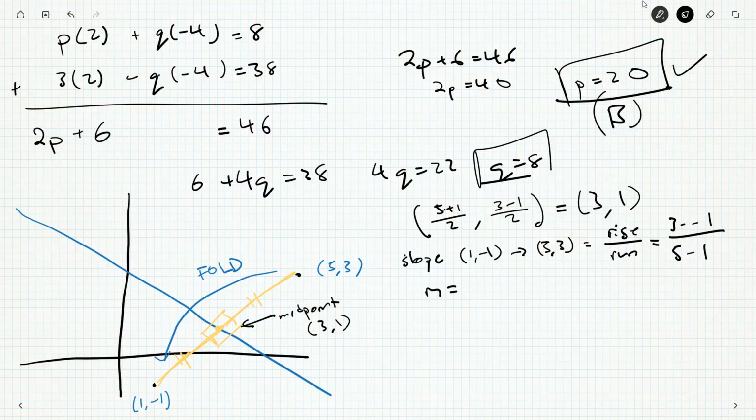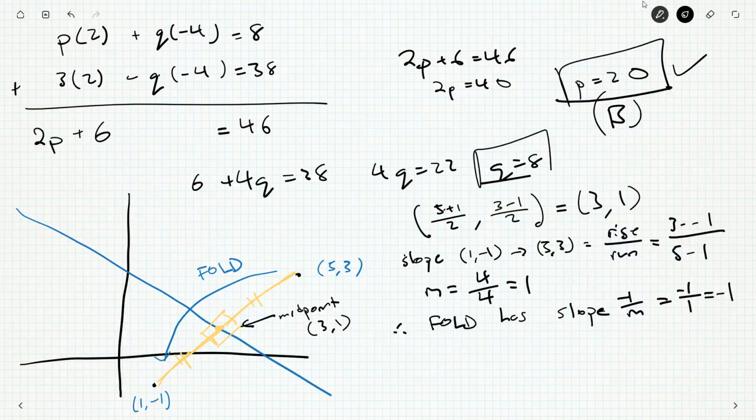So our slope is going to be 3 minus -1, which is 4, over 5 minus 1, which is 4, so 1. Therefore, the fold has slope negative reciprocal. This is just a very nice, well-known fact from grade 9 or grade 10, depending on where you live, that perpendicular lines have slopes that are negative reciprocals. So the fold has a slope of -1, and it passes through (3, 1).